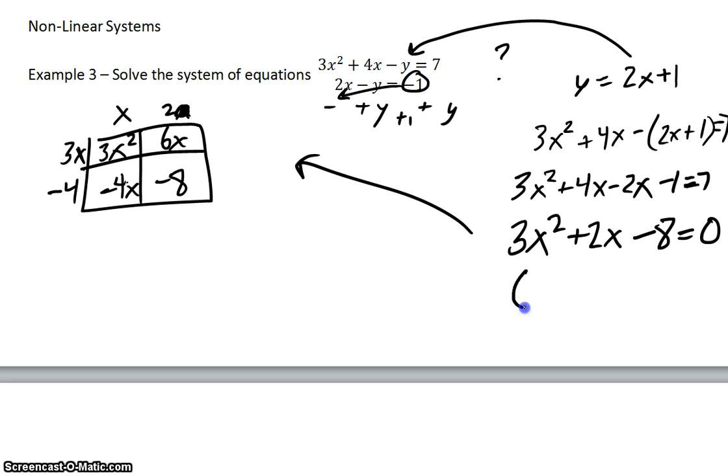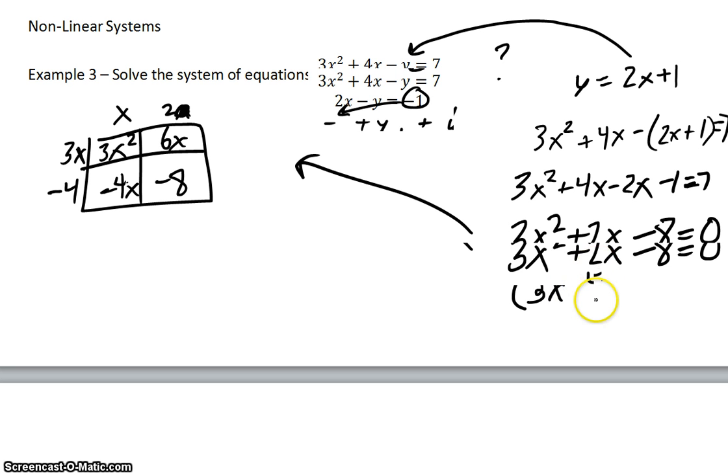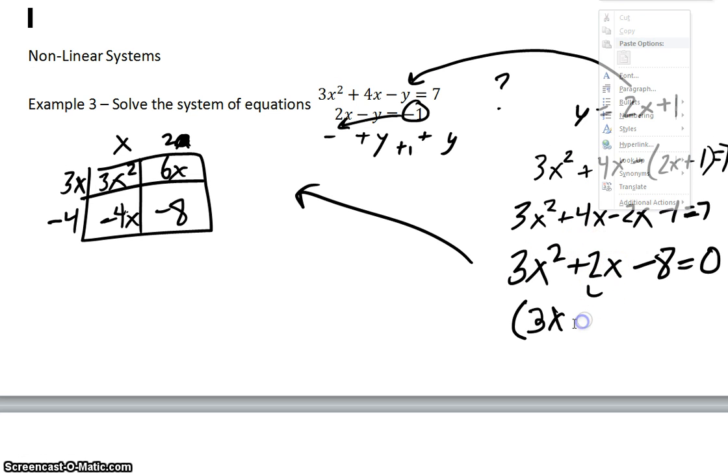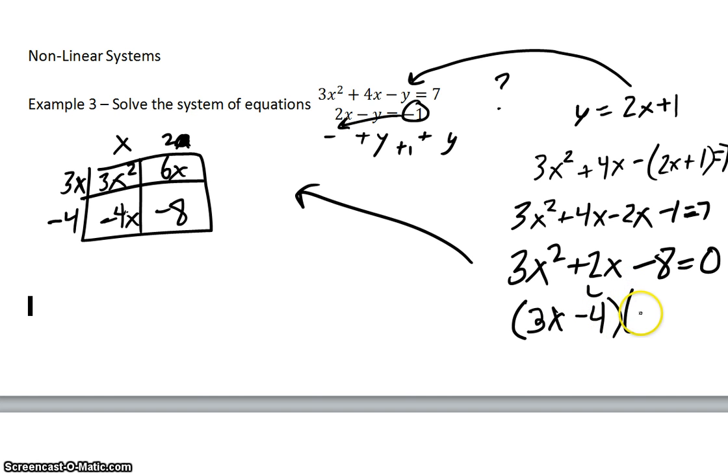So what you're left with is 3x minus 4 times x plus 2, and I set that equal to 0. So I have two answers for x. x could be 4/3, or x could equal negative 2. And that's how you solve a quadratic.